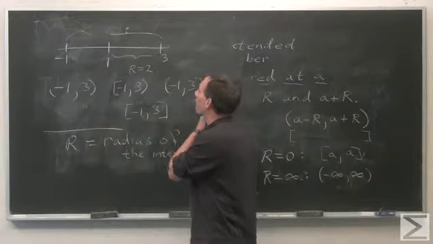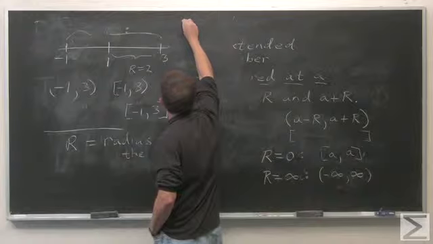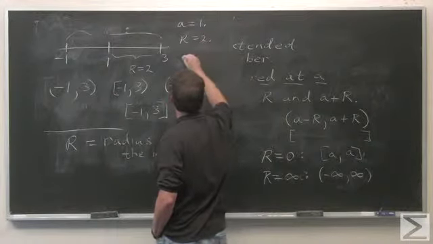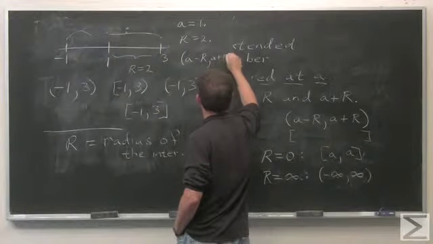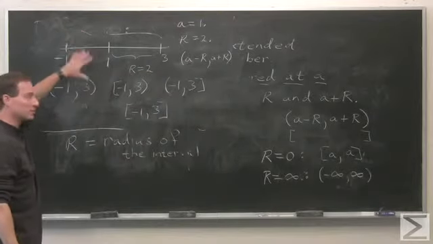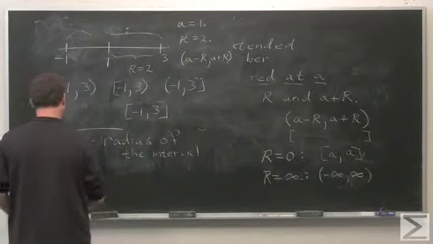You can go that far out in either direction, right? We're looking at a is 1 here, r is 2, which means your interval goes from a minus r to a plus r. So that's from -1 to 3. Anyway, this is the picture. This is why it's called centered. All right, that's an interval centered at a.